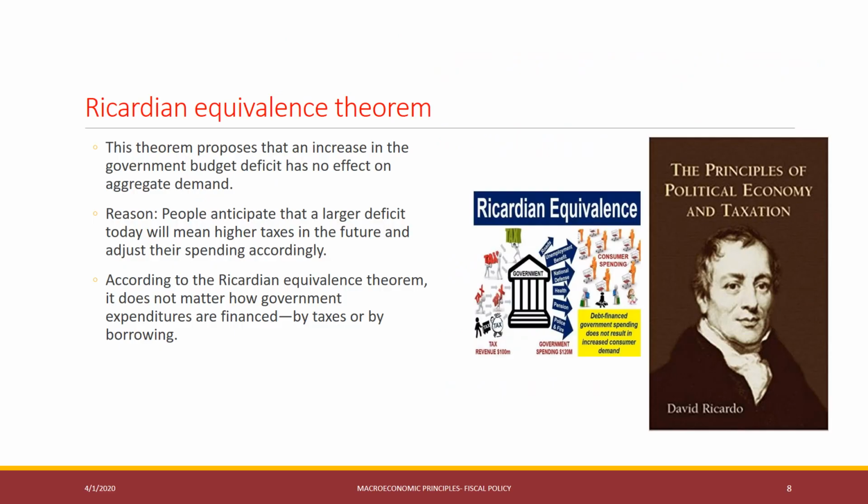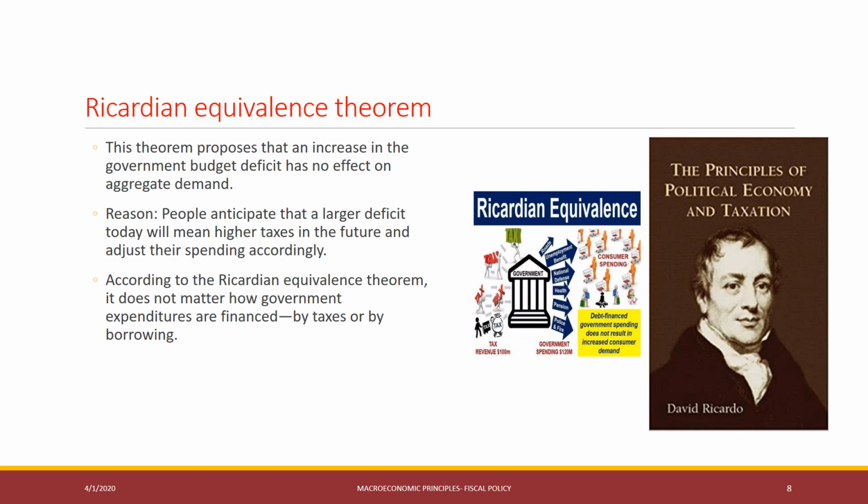Ricardian equivalence theorem proposes that an increase in the government budget deficit has no effect on aggregate demand. Do you agree with his theorem that if there will be increase in the government budget deficit, there will be no effect on aggregate demand? And why?